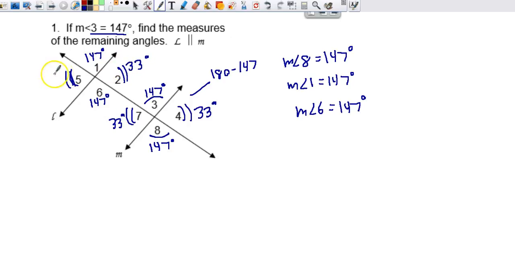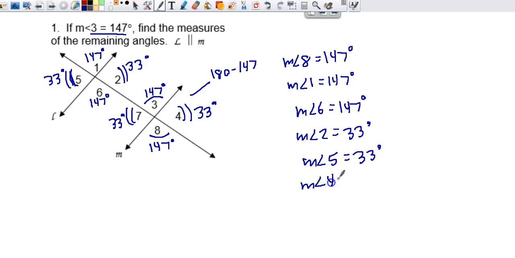So you can write it on the diagram. Always try to make a list if you can. So we got 2, 5, 4, and 7. And of course, I didn't list angle 3, but it was given to you.